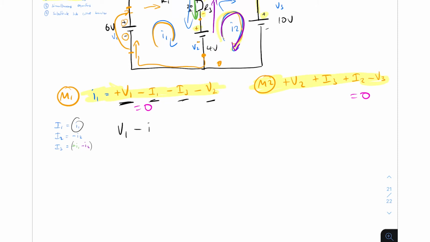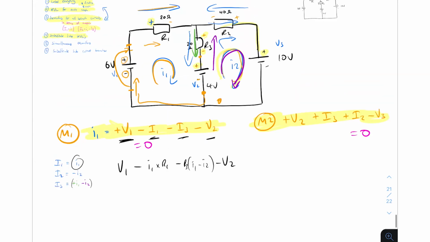So we have I1 times the resistor value of R1, and then minus I3, which we've said already is I1 minus I2, times the resistor R3, and then minus V2. Usually we wouldn't write this out, but I'm just showing you in case you've forgotten.